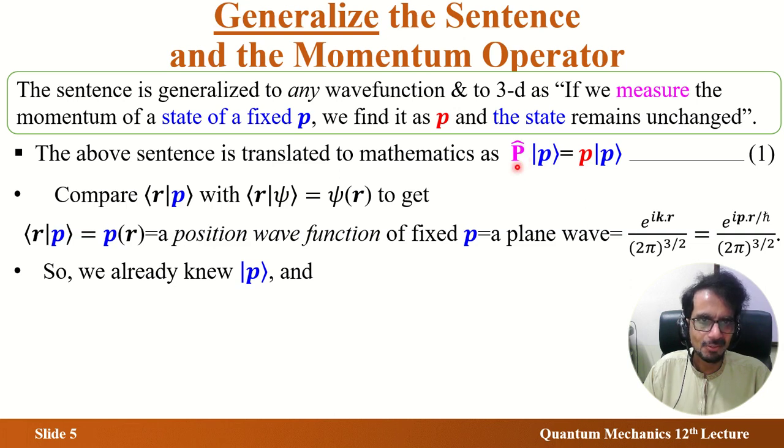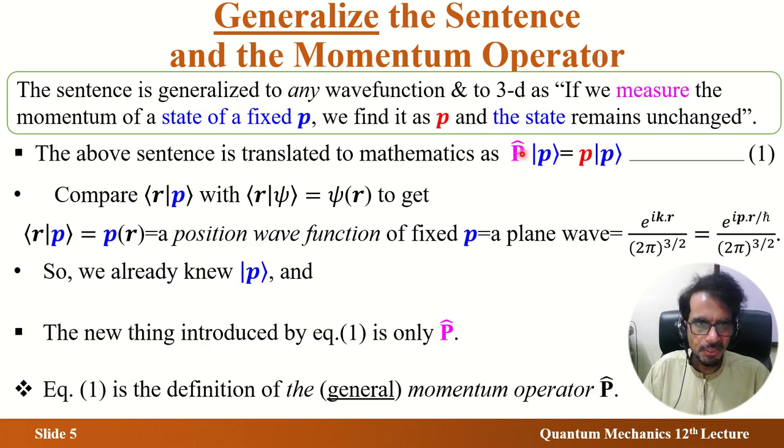And the answer is, what I am highlighting is p hat, which is the momentum operator. And remember, now we have generalized in every sense of the word. So this is the general momentum operator. It can operate on any wave function in 3 dimensions etc. So now we have a general definition of the momentum operator.